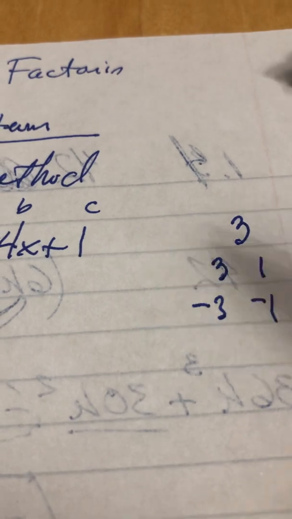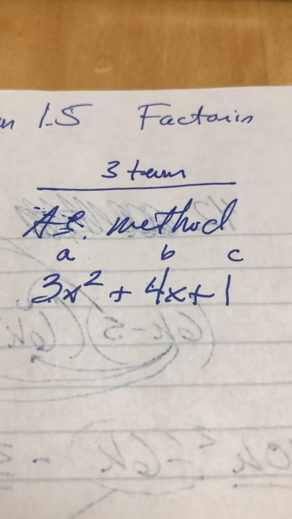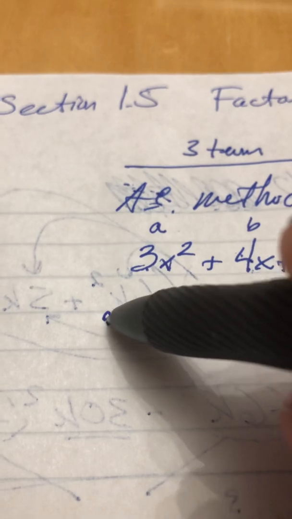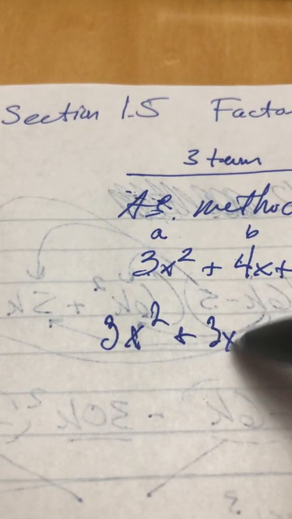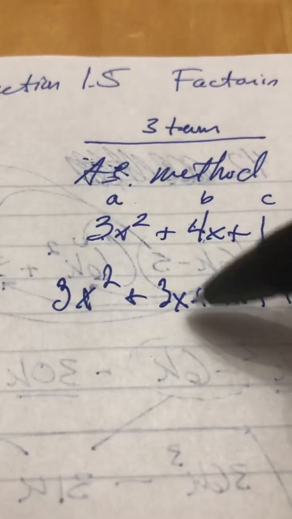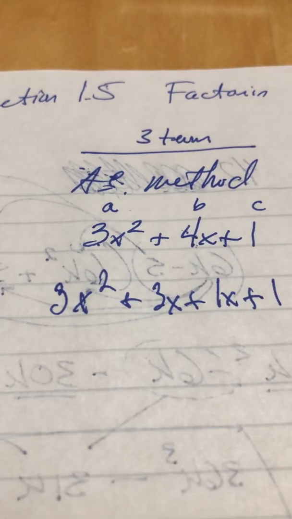Well, one of these factor pairs adds up to B. Well, the 3 plus 1 does. And so you do this rewrite of this middle term, and so it looks like this. 3x squared plus 3x plus 1x plus 1. Because 3x plus 1x adds up to 4x.